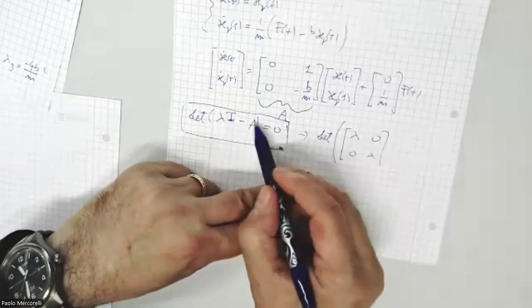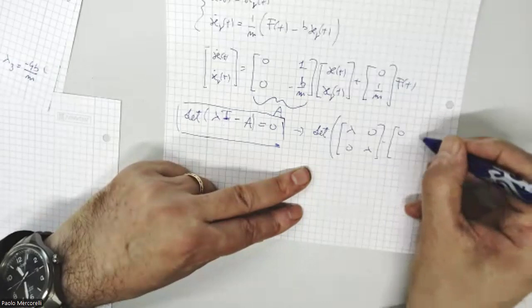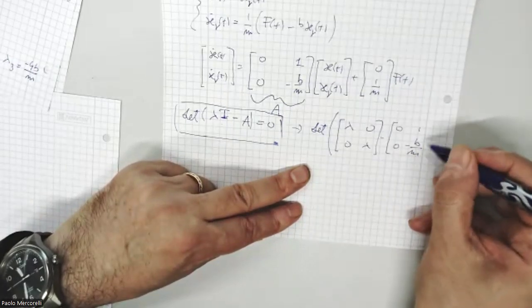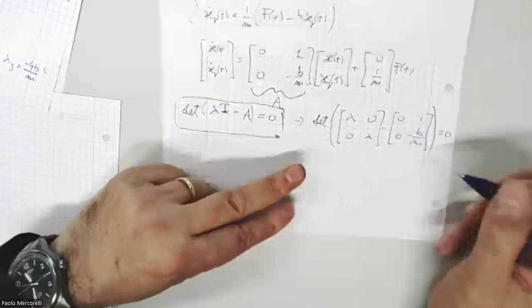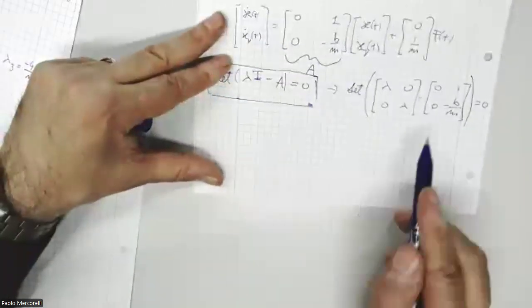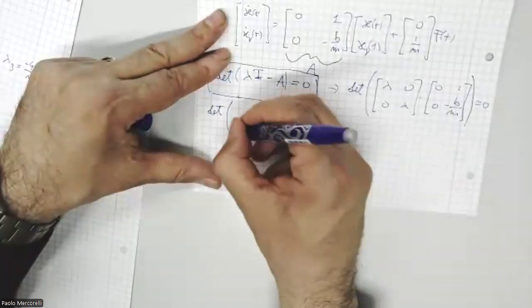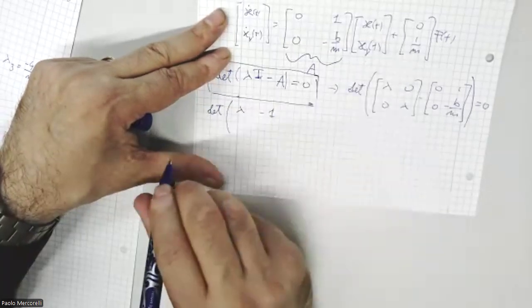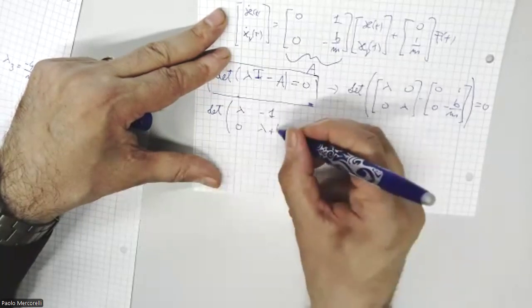Identity matrix with the dimension of A, 2 times 2. This means determinant of what? Lambda minus 1, 0, lambda plus b divided m.